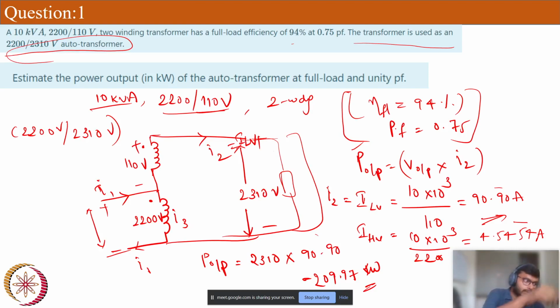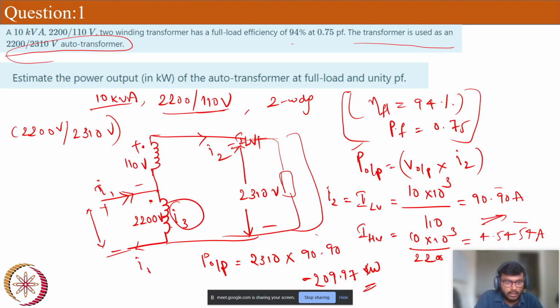So if you see that, can someone tell me how much is I1? This is I1 and this is I3.